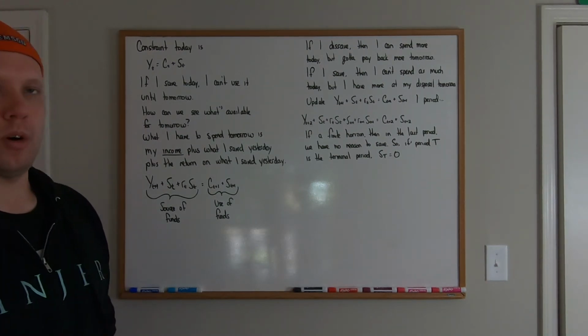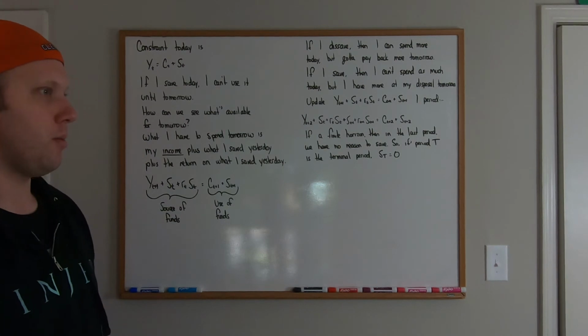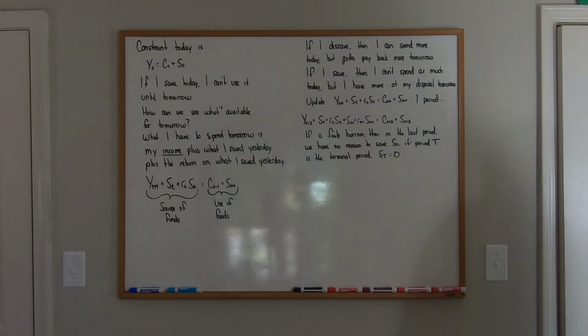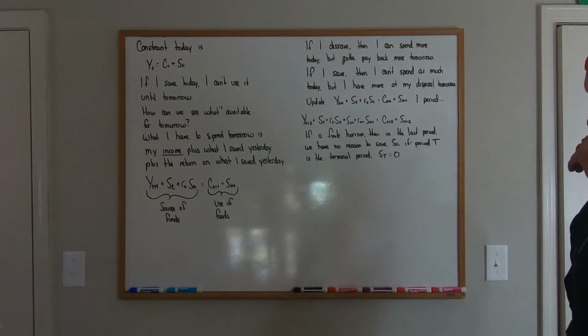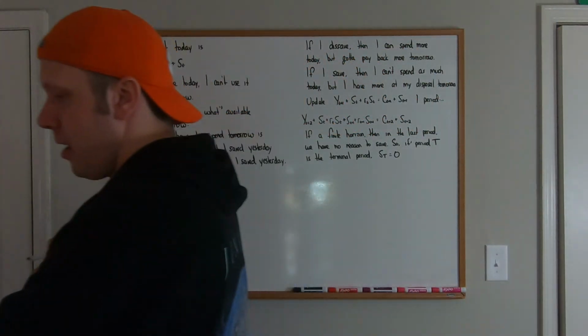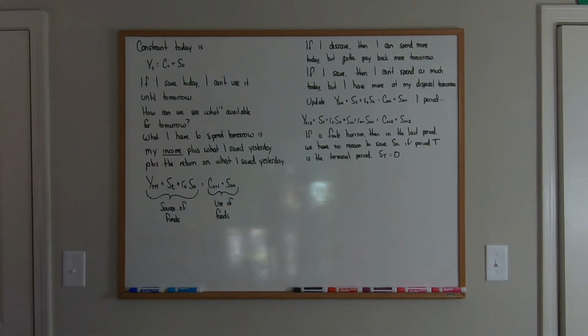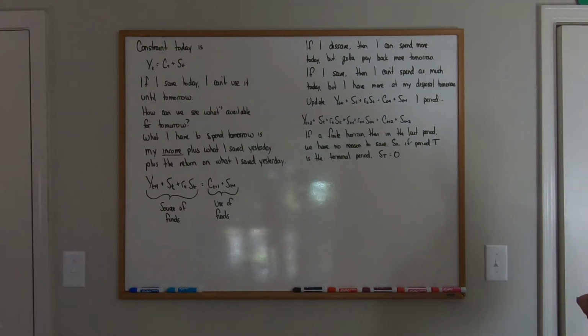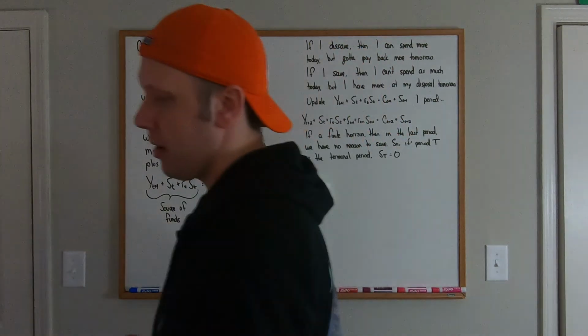We have no reason to save anymore. Why don't we have any reason to save in that period? Well, time won't exist in the next period. If there's an asteroid coming to hit Earth, your savings will probably just become zero. Why? What's the point? You won't be able to use it. So if you can't use it in the future, why are you going to save it? That's dumb. That is not optimal economic thinking. You're not going to save if the rest of time is not going to exist after that last period. So savings in that last period is always going to be zero.